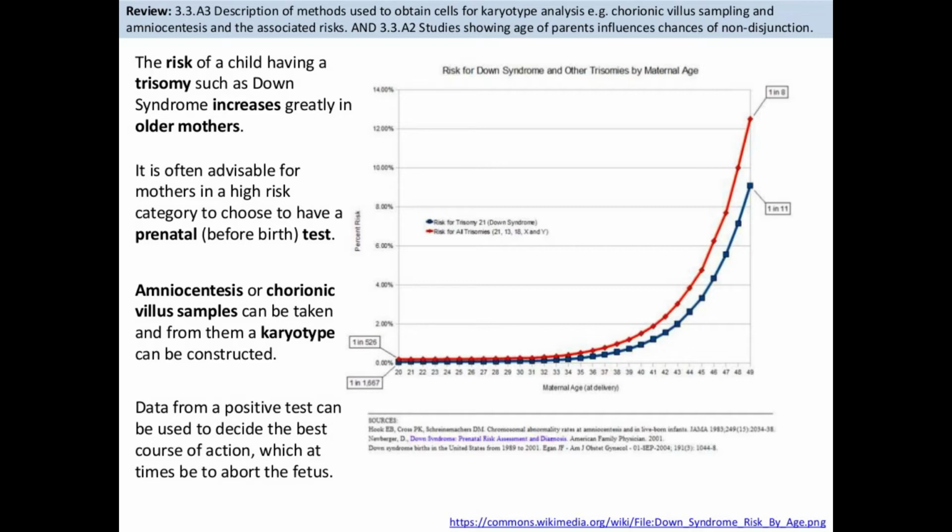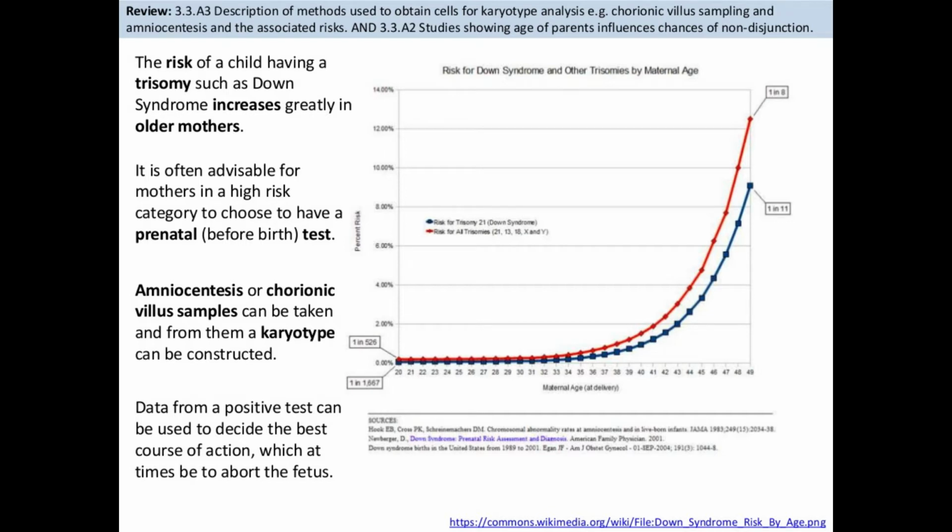This usually occurs due to non-disjunction during meiosis. As you can see on this graph, the chances of having a child with Down syndrome exponentially increases with age. However, from 20 to 29, the chances barely change.